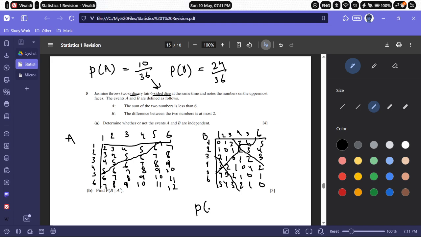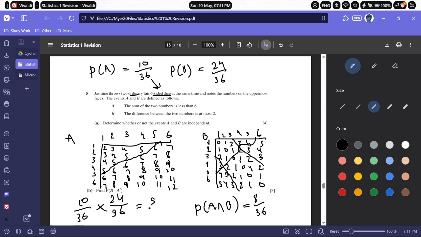Okay. So P of A intersection B is 1, 2, 3, 4, 5, 6, 7, 8. Yes. 8 over 36. And then you just have to prove that 10 over 36 times 24 over 36, if you just calculate the value, that's 5 over 27.